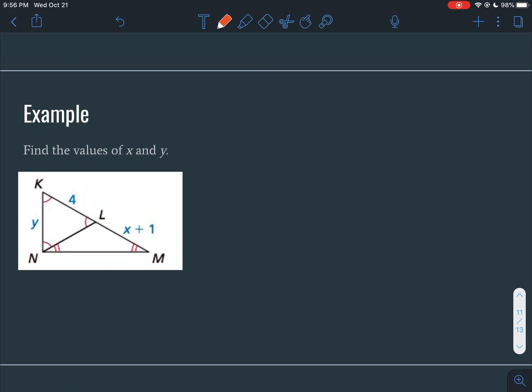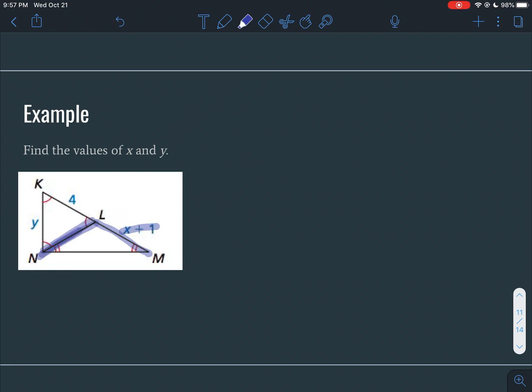So on this example, it asks us to find the values of x and y. Here we've got an equilateral triangle and an isosceles triangle. In this isosceles triangle, it's asking us to find x. Well, we know that the legs of an isosceles triangle are congruent.